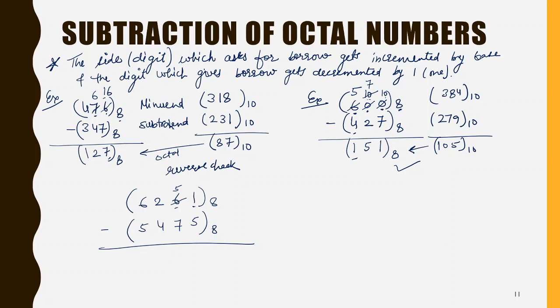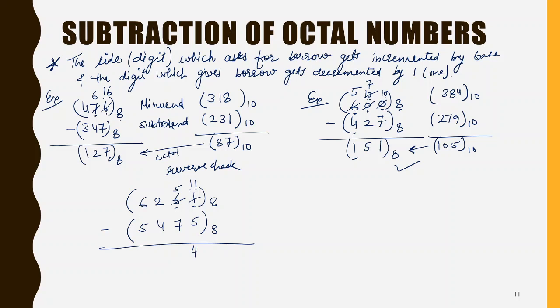So 9 in decimal, and 9 in decimal we write as 1 1 in octal. So what you can see, this digit gets a 1 added in its MSB, so it becomes 1 1 in octal. 1 1 in octal is 9. 9 minus 5 is 4.